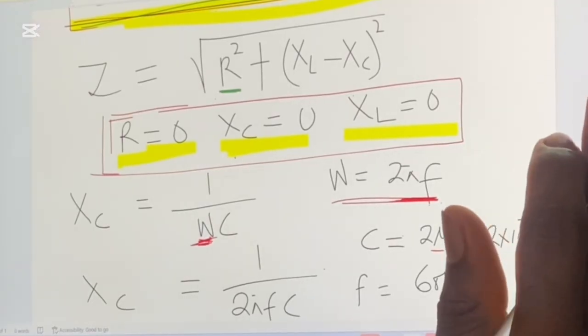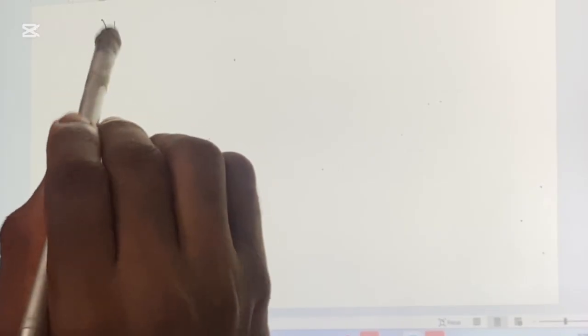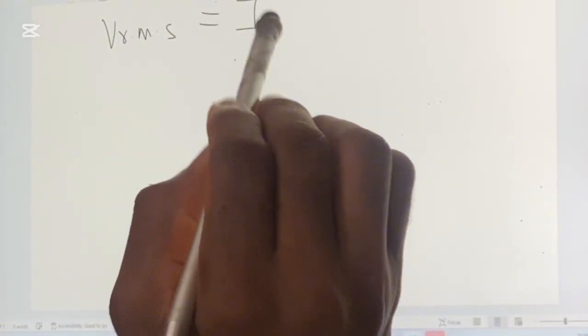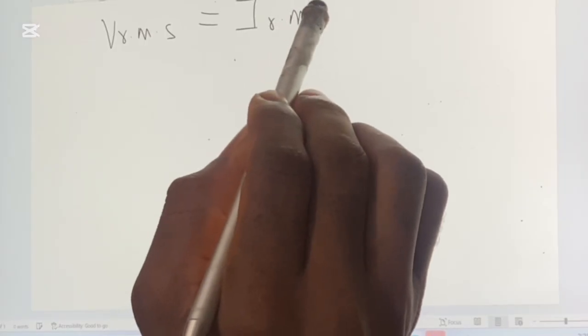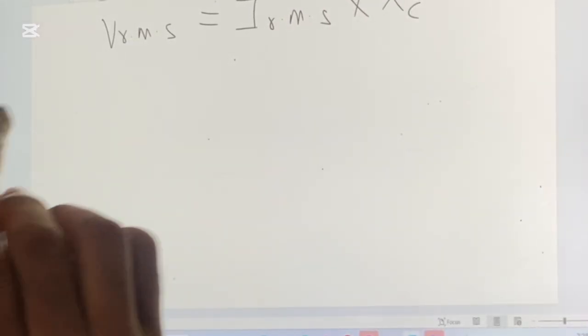So to calculate this, our resistance is going to be the capacitive reactance. That means the root mean square voltage is equal to the root mean square current times the capacitive reactance. So let's replace.